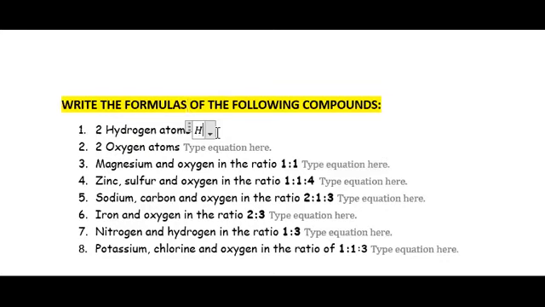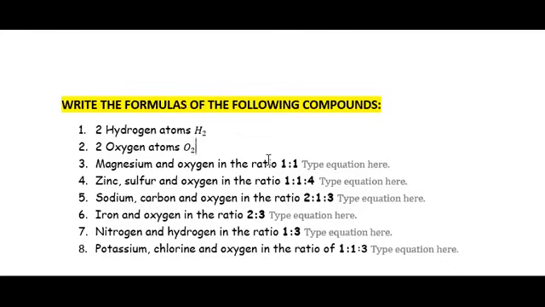So I know that it's H and it's a 2. And it says 2 oxygen atoms for the second one. So then it's O, and it's a 2. And you don't have to worry about giving it to me in that form. Just write your letter and write the 2 or the number next to it.